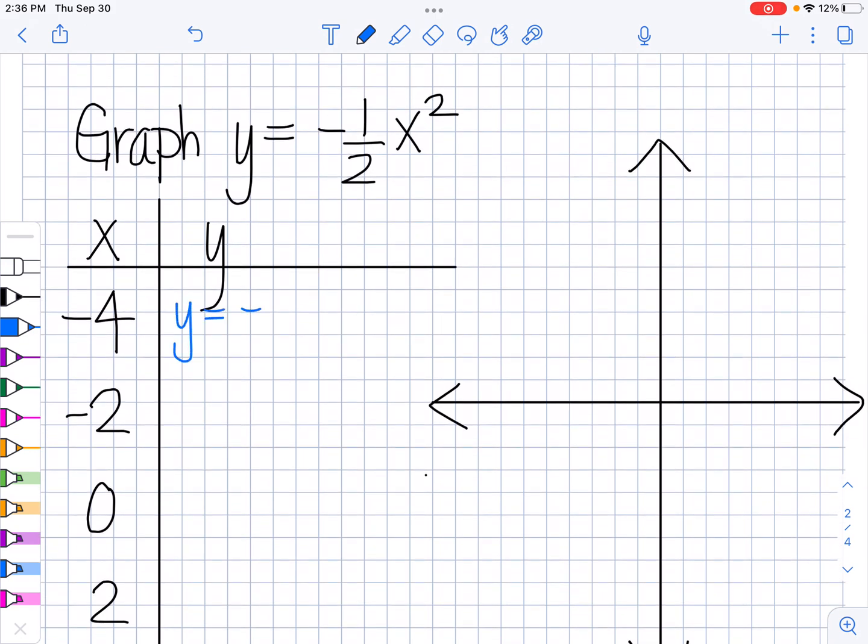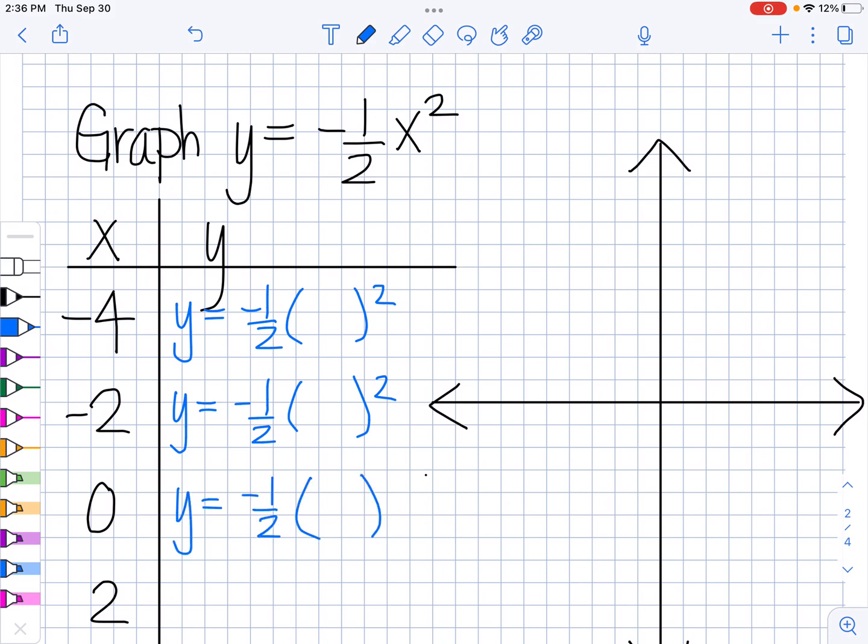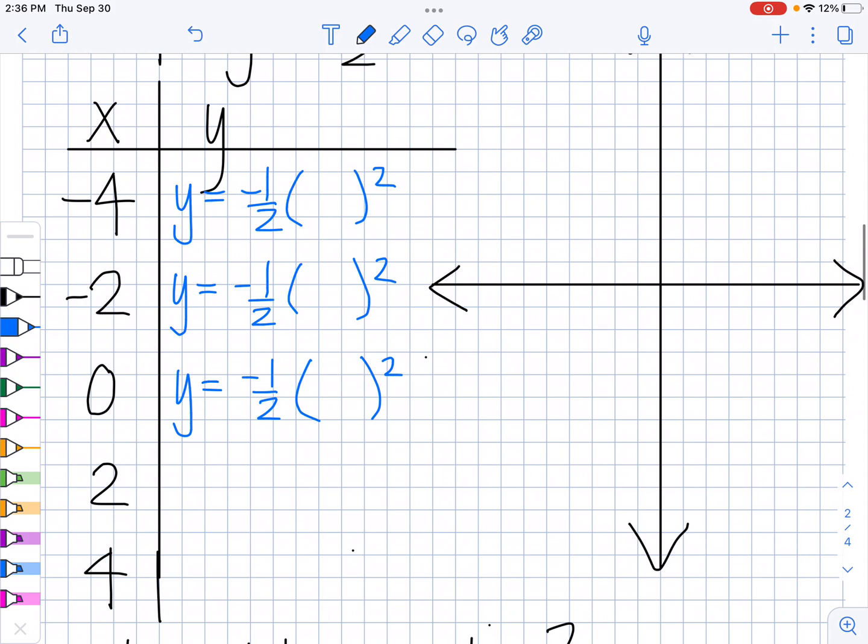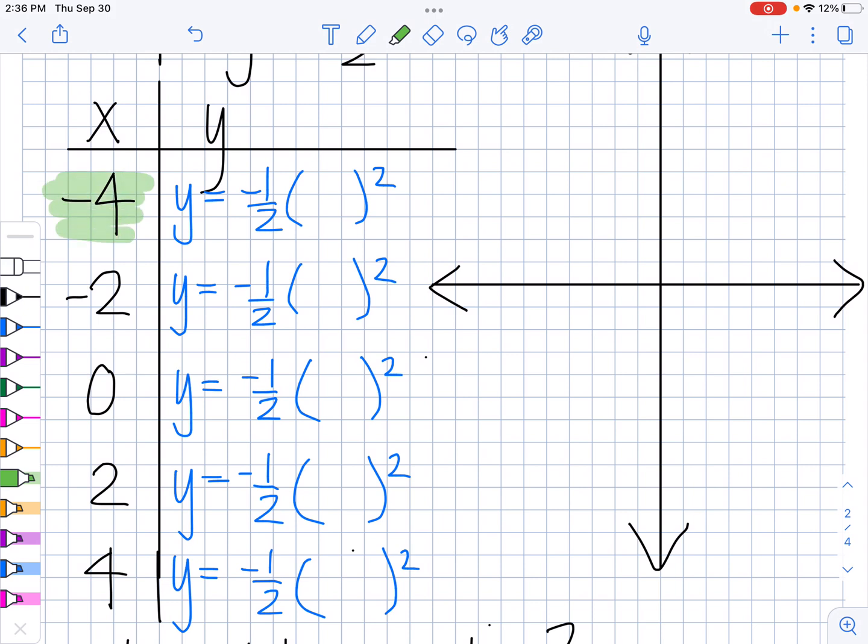y equals -1/2 times blank squared, y equals -1/2 times blank squared, and so on for each point. Okay, here my x value is equal to -4.